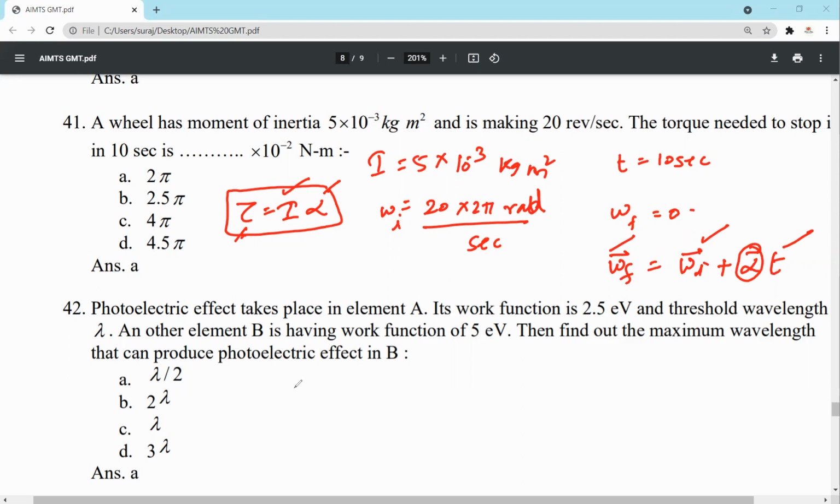Photoelectric effect takes place in element A. The work function is 2.5 electron volts and the threshold wavelength is lambda.